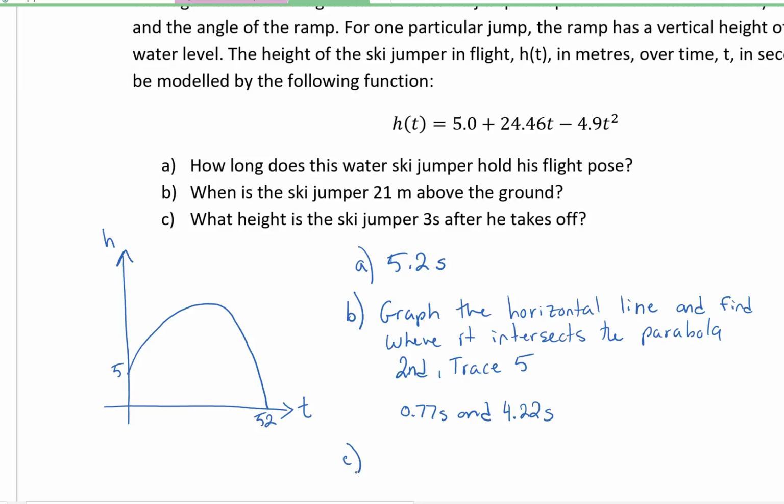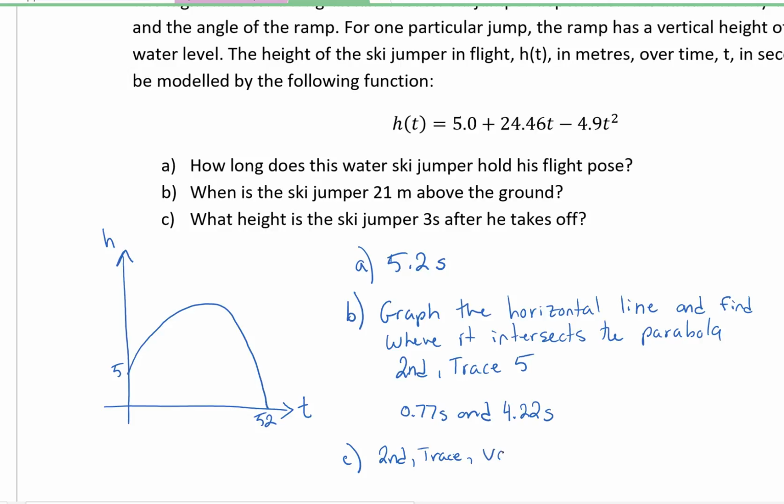The last question: what height is the ski jumper 3 seconds after he takes off? In this case, you're using second trace value because they're giving us an x value, or a time value.